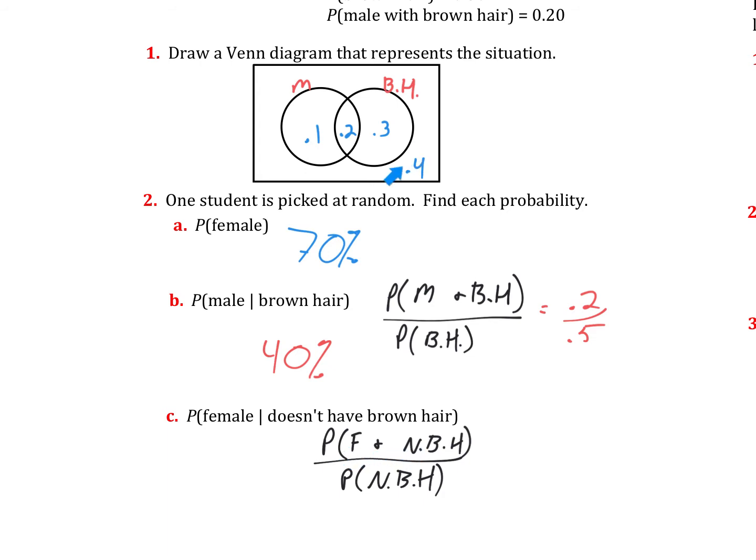So that is anyone on the outside of both of these circles, because this means they're not male, nor do they have brown hair. So that's 0.4. All over the probability of selecting someone without brown hair. So anything outside of this circle here, the 0.4 and the 0.1, that's 0.5. Straight to the calculator, we would get 80%.